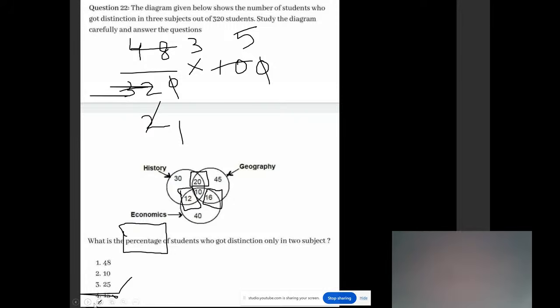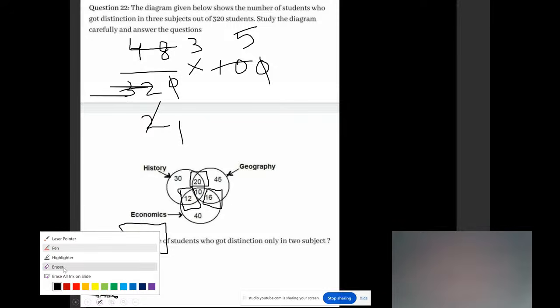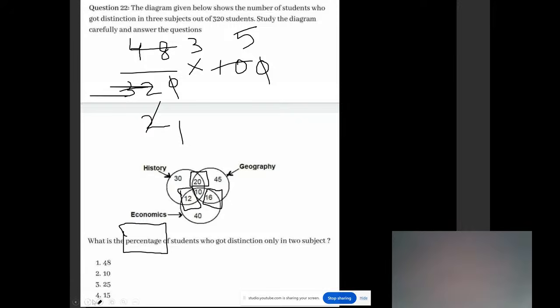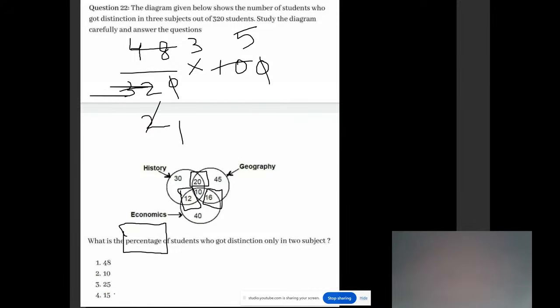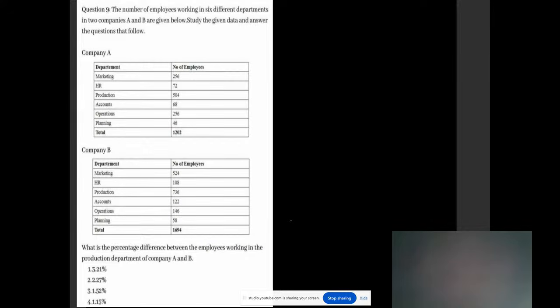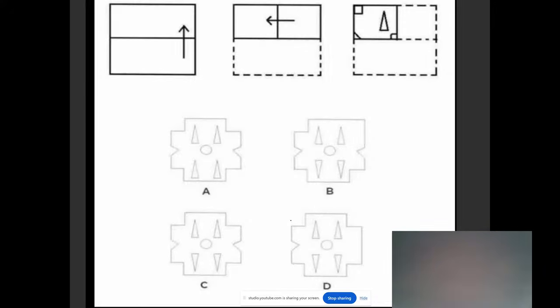Option 4 is the correct answer. Okay, let us go to the next one. The next question, we will solve this at the end because this is a bit lengthy question. We will come to that at the end.